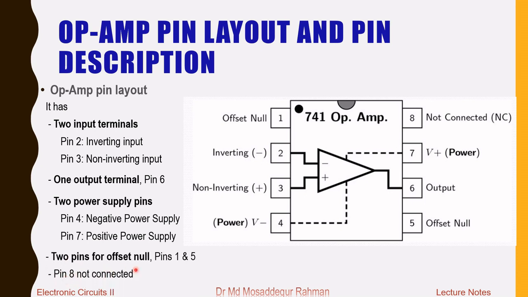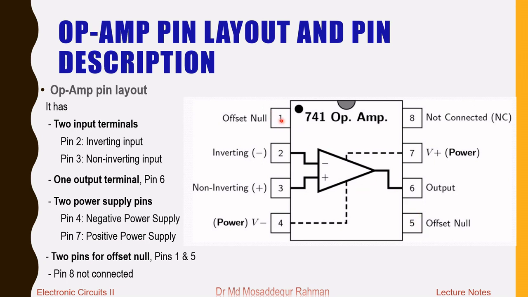And then there are two pins, pin 1 and 5, which are labeled as the offset null pins. These two pins are used to nullify the offset voltage. Now, what is an offset voltage? You don't need to know now. We'll learn later.